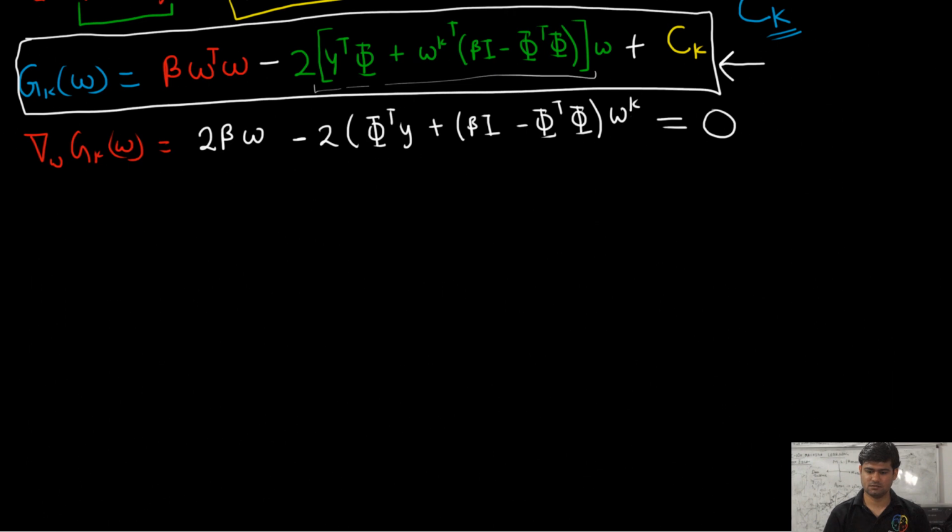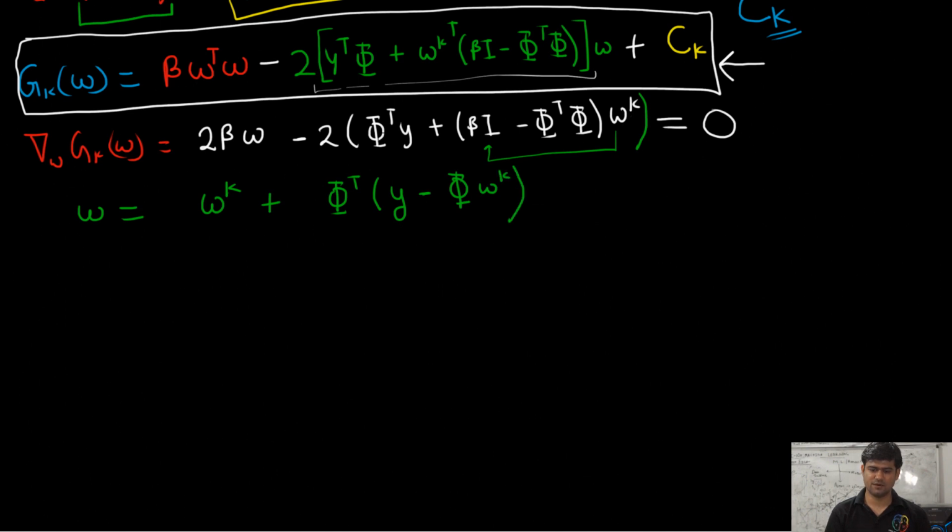We get w equal to wk, we are taking this term into account, wk plus phi transpose y minus phi times wk.